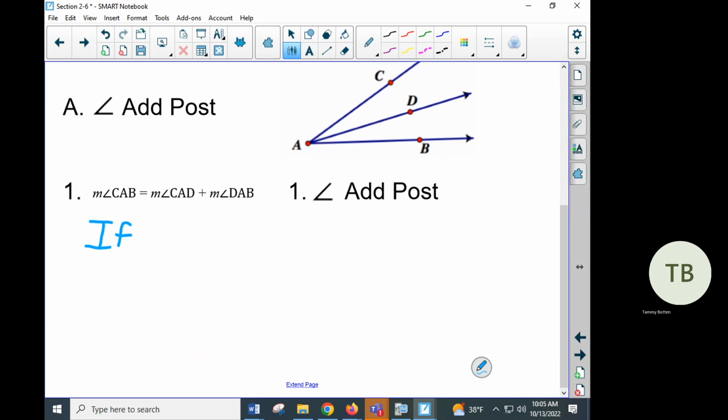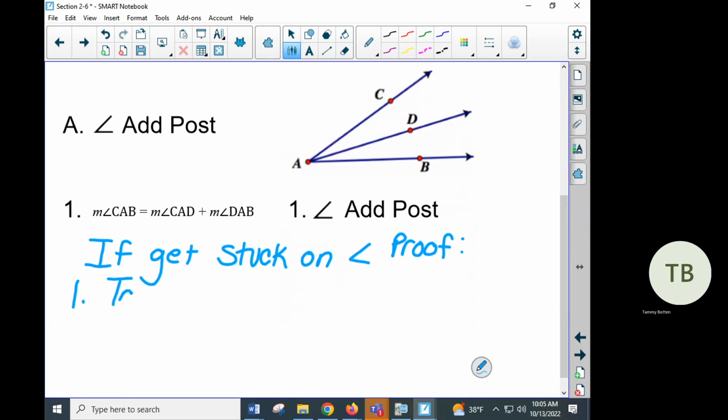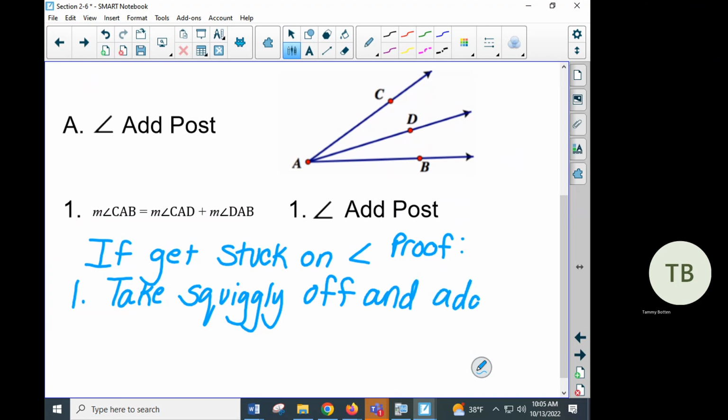Okay, so if you get stuck on an angle proof, number 1, take the squiggly off and add M's. And the M's are for measure. So that's one thing you can always do.